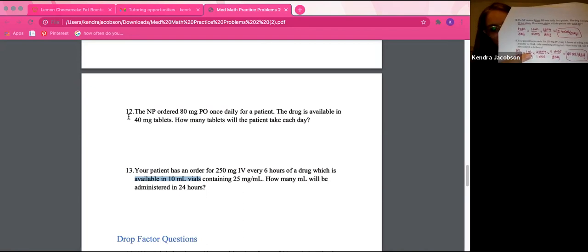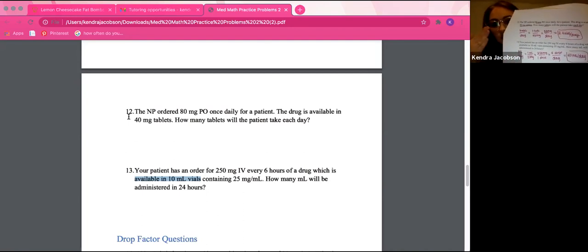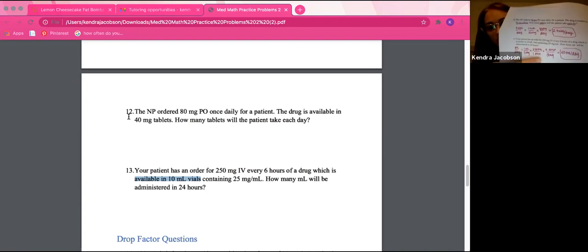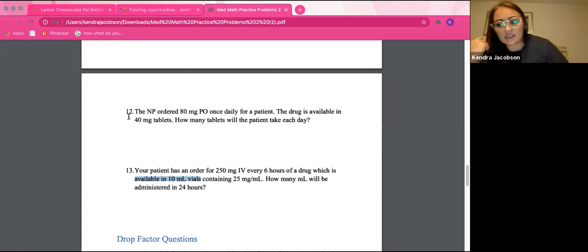Then you're going to have that 250 milligrams over 1 dose. Because then you're going to want to eventually know that there are going to be 4 doses, because you're giving it every 6 hours for the next 24 hours. So you're going to want to put 4 doses over a day. Does that make sense?